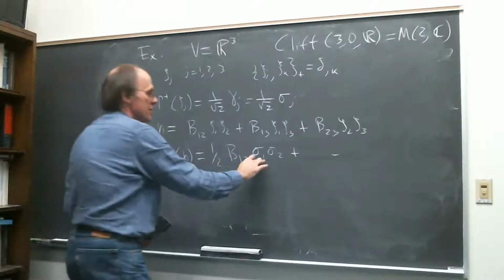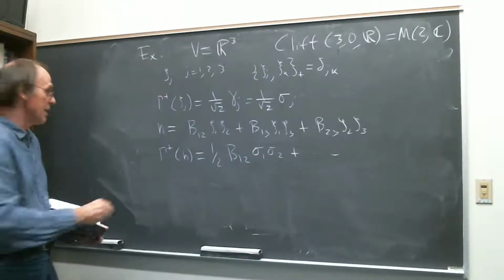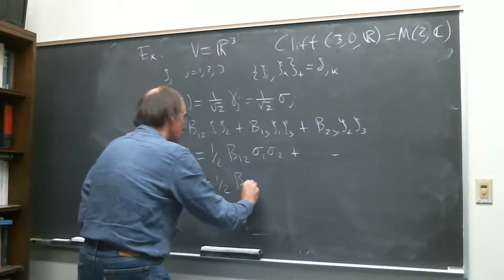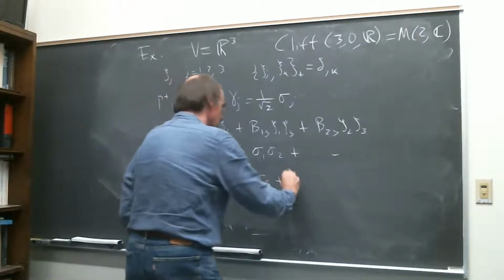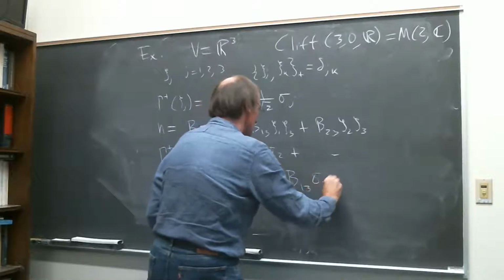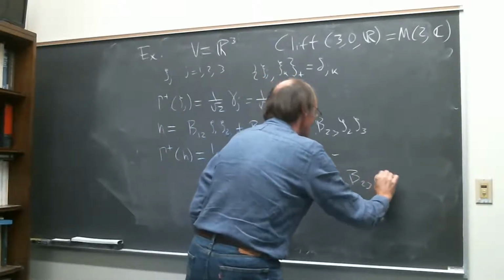You're going to use that sigma 1 sigma 2 is i sigma 3, and you're going to get i over 2 times b12 sigma 3 plus b13 sigma 2 plus b23 sigma 1.